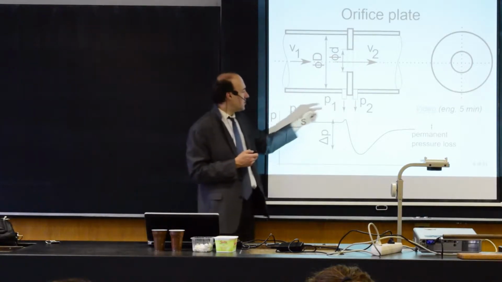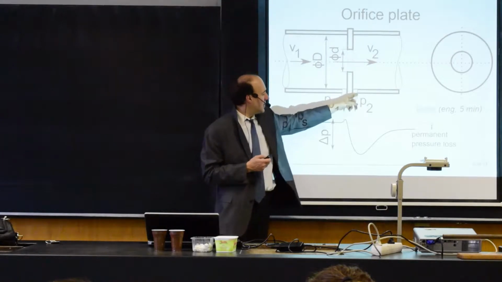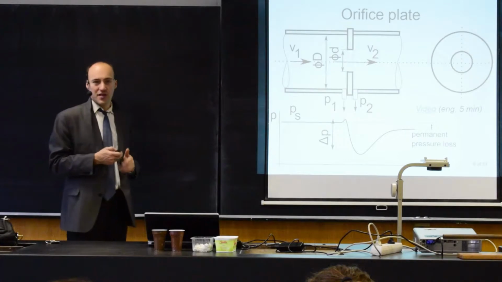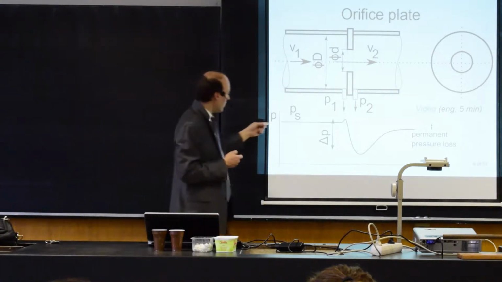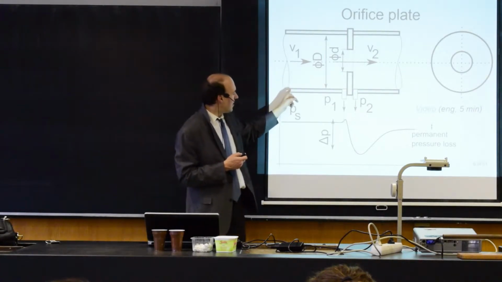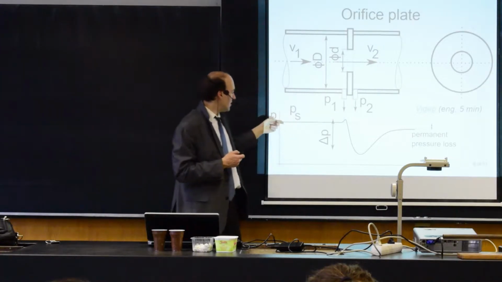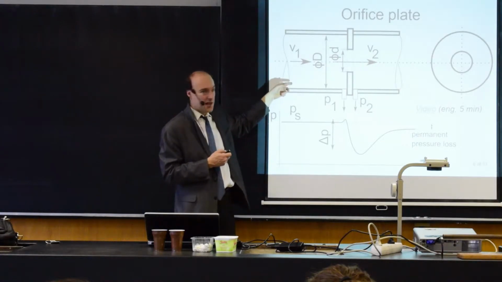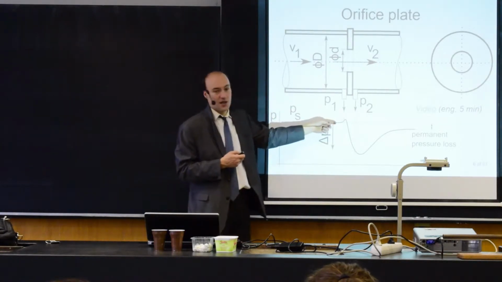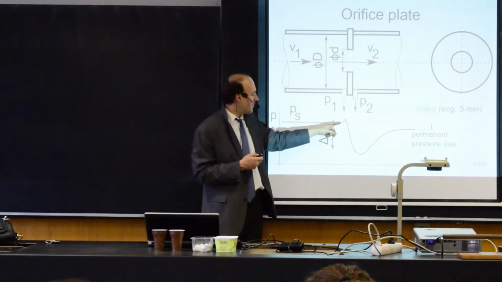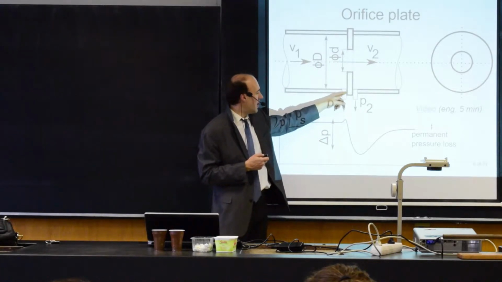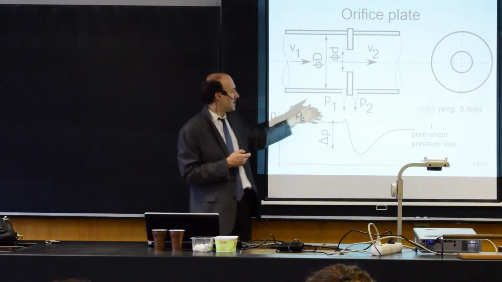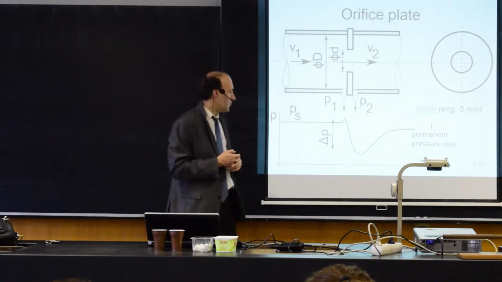So if you measure the pressure in front of and behind the orifice plate, you will see a difference in pressure. If we look at the pressure along this whole length, you will see that if the profile of the flow is steady, you will have a constant static pressure. Then in front of the orifice plate, you will have a small increase of the pressure because you're basically trying to block the fluid from flowing.